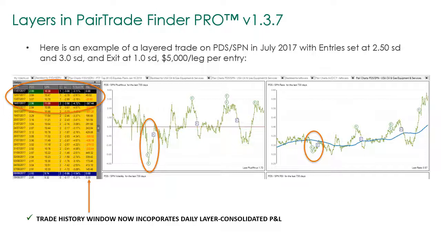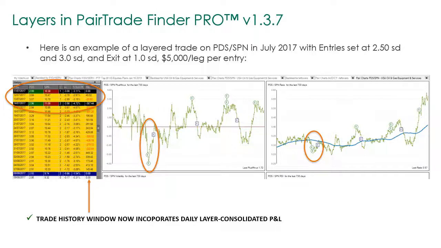That triggered, it's above 2.5, therefore the first layer was put on. Now the next day it came back in below 3, it was at 2.78, then it was the next day at 2.89, then it went wide again, and this time it went to 3.98. Okay, wow, so a lot wider, and that triggered the second entry because it was above 3.0.